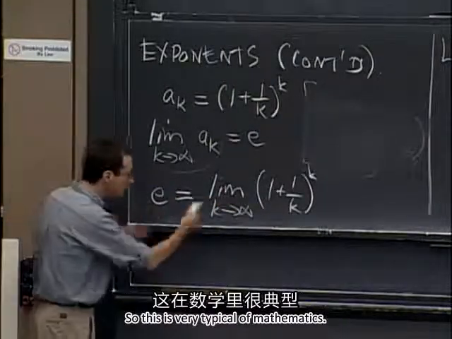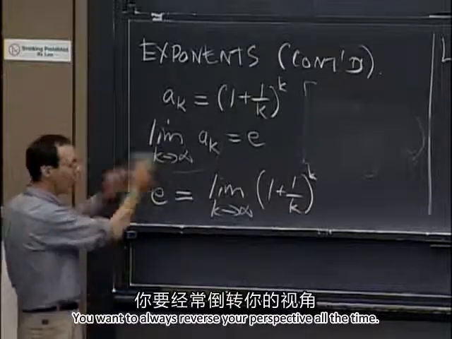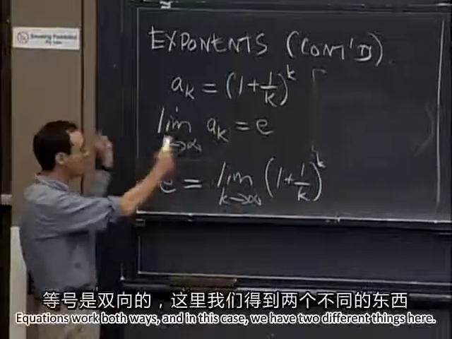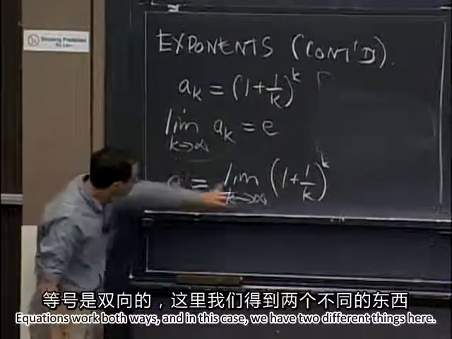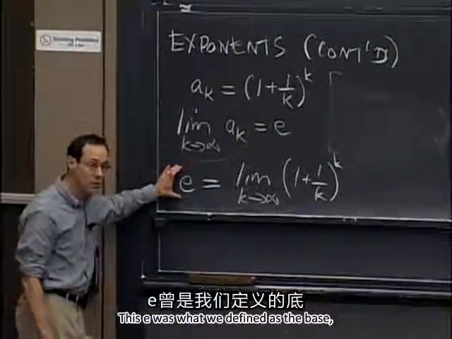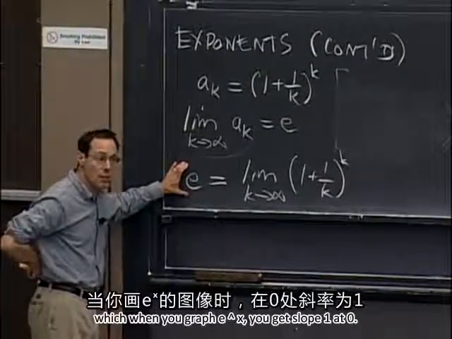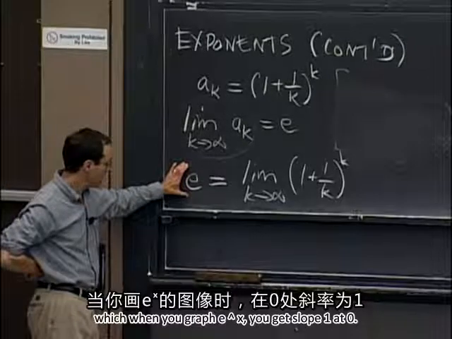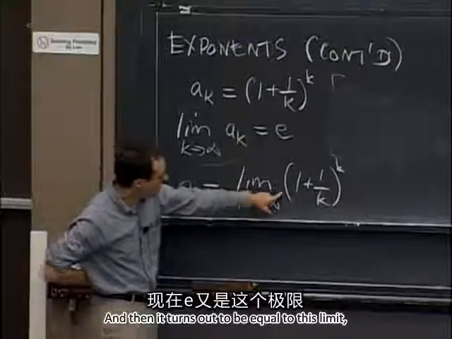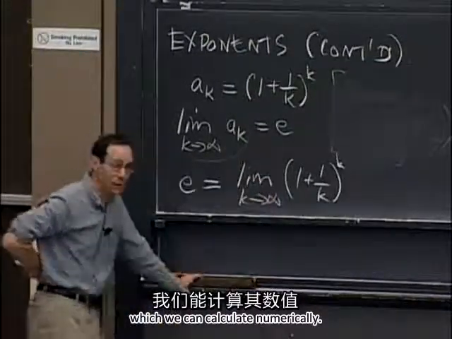So this is very typical of mathematics. You want to always reverse your perspective all the time. Equations work both ways. And in this case, we have two different things here. This e was what we defined as the base, which when you graph e to the x, you get slope 1 at 0. And then it turns out to be equal to this limit, which we can calculate numerically.